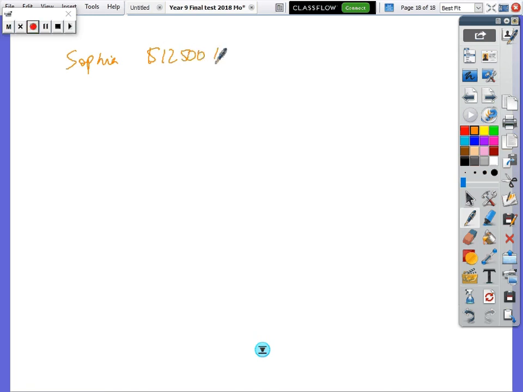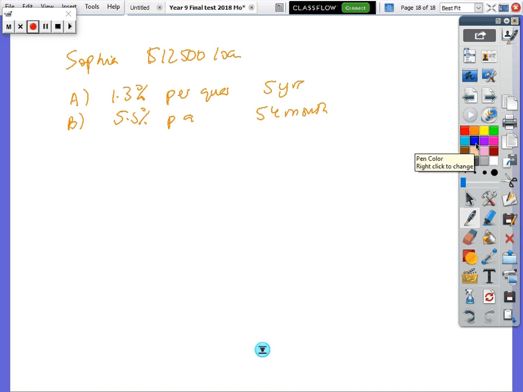so it's Sophia, $12,500 loan, part A, 1.3% per quarter for 5 years, and the second one was 5.5% per annum for 54 months. So first part said how many quarters in 5 years.